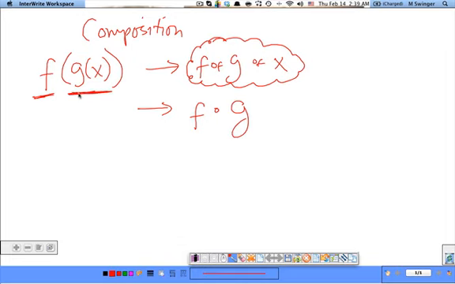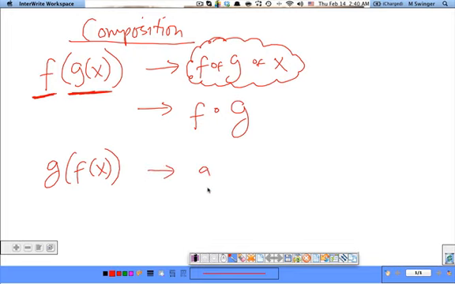We're putting together g of x and f of x in the same thing. We're composing. Okay? Putting them together. Now, what does this mean? Or I could write it like this: g of f of x, which means in words g of f of x. Another way to write it would be g circle f. Okay, same thing, just different ways to write it.